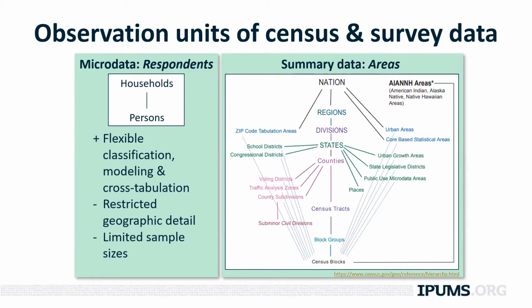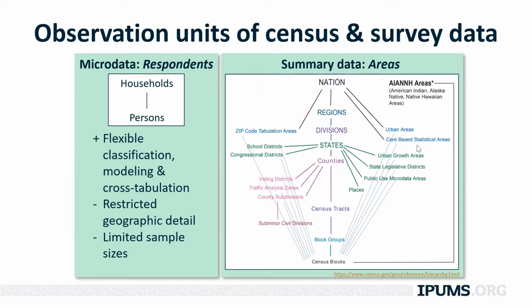For example, for a lot of recent censuses and the American Community Survey, you only get a fraction of all of the sampled respondents instead of the complete set, which is used when the Census Bureau or other census providers tabulate and publish summary data.